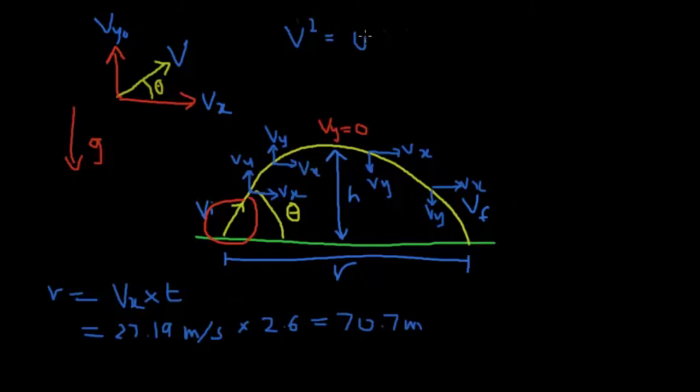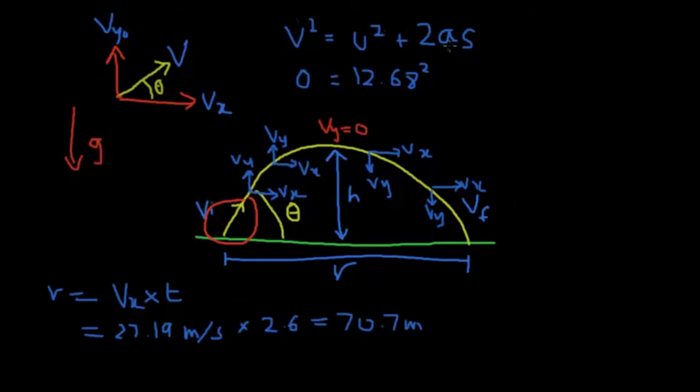Finally, to find the maximum height that the ball reached, we're going to use the formula v squared is equal to u squared plus 2 times acceleration times the height. S in this case is the height. So v squared is equal to the Vy is equal to 0, so that'll just turn out to be 0. U squared is the initial vertical component of that, which we found earlier to be 12.68 squared, and then the plus 2 times acceleration times the height.